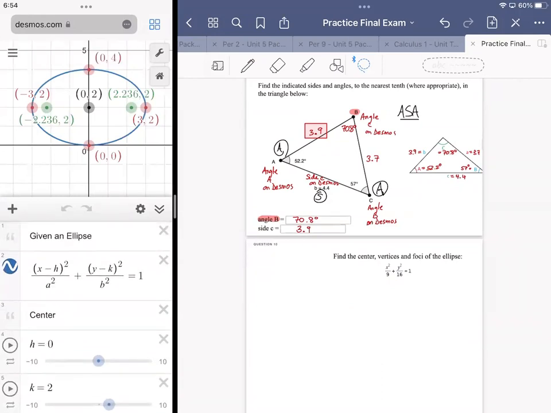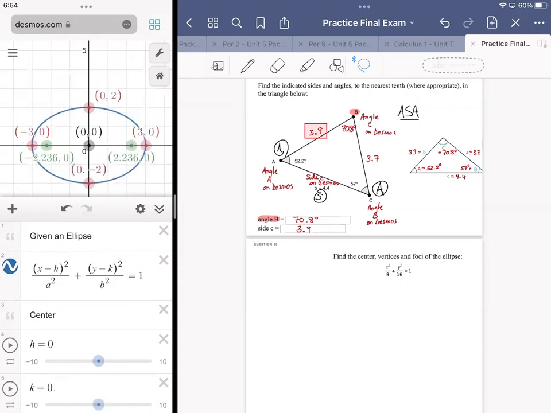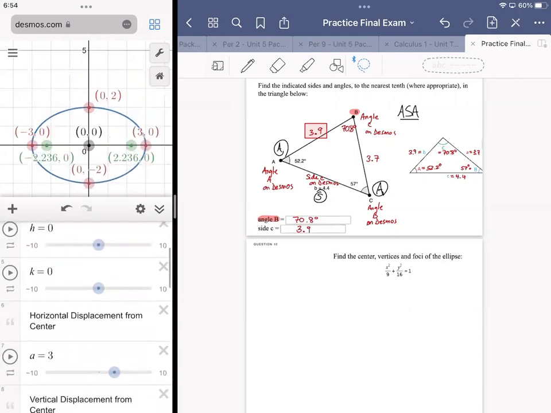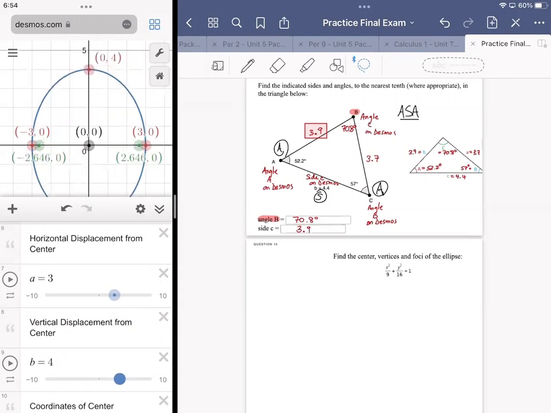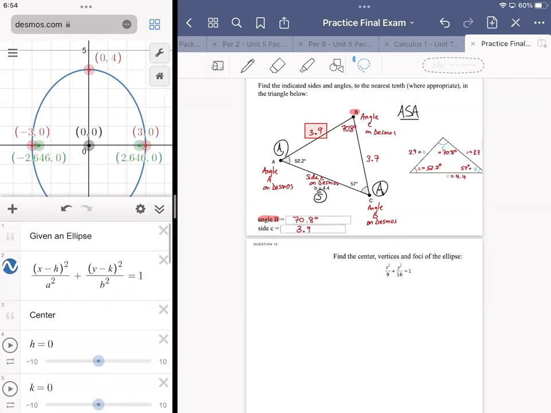Your h and k values are 0, 0. Your a and b values would be 3 and 4. The idea is that we're matching the equation they give us, (x minus h) squared over a squared plus (y minus k) squared over b squared equals 1.